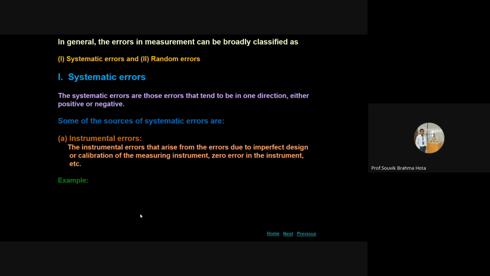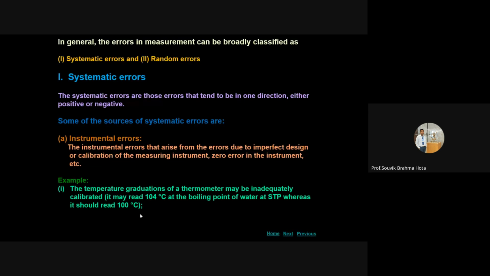Calibration means, let's take the example of a weighing machine. Before stepping onto the weighing machine you must confirm that it reads 0, and that is how you understand whether it is calibrated or not. The temperature graduations of a thermometer may be inadequately calibrated.